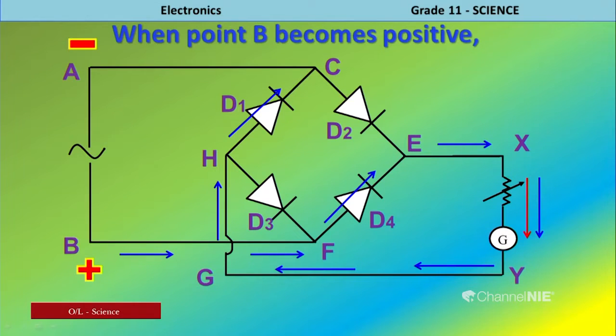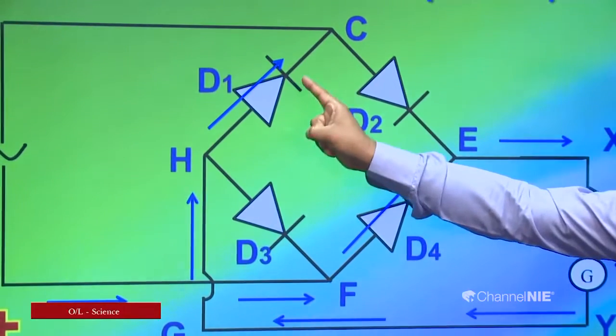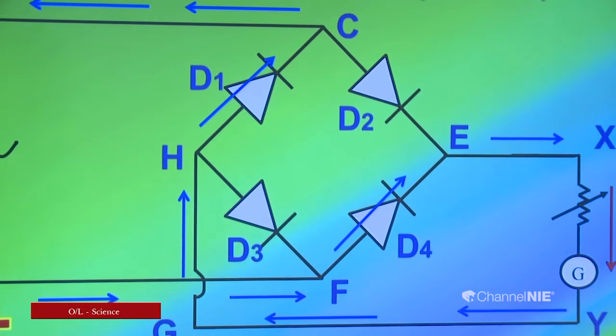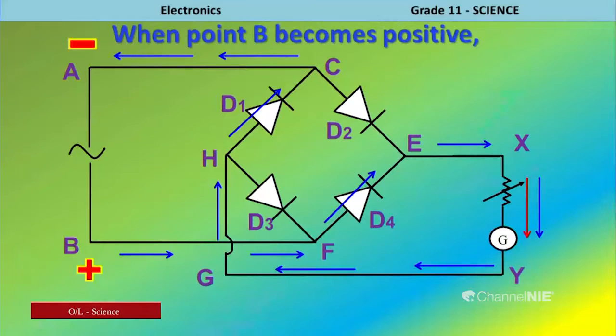In this case, you know, this is forward bias, as the voltage is higher, current passes towards lower voltage, that means towards direction C across the diode D1, and from C again to A. You know that current passes from positive to negative.